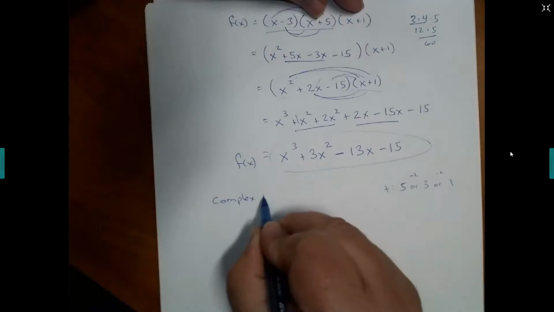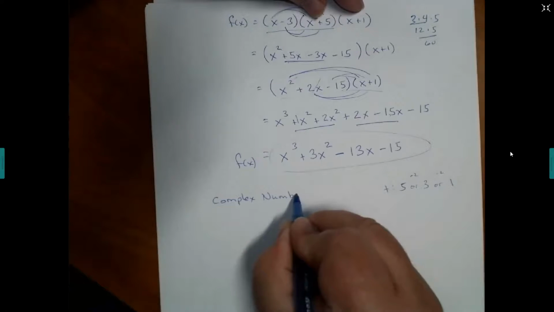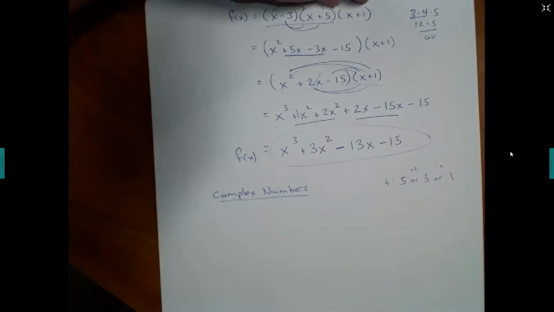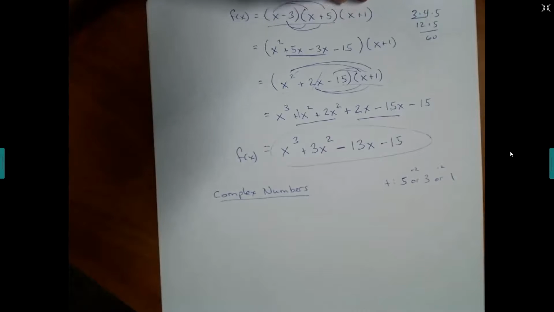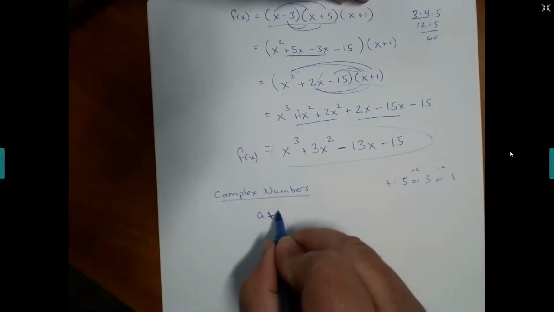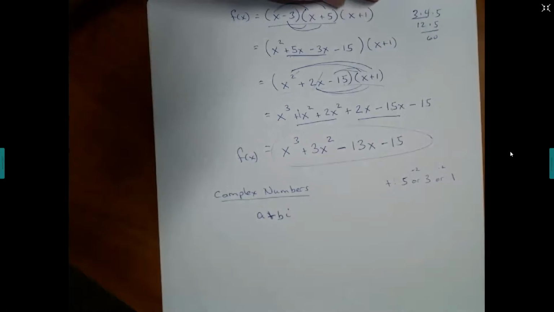Let's review back to complex numbers. And remember what a complex number is? A plus bi, right? That's a complex number.